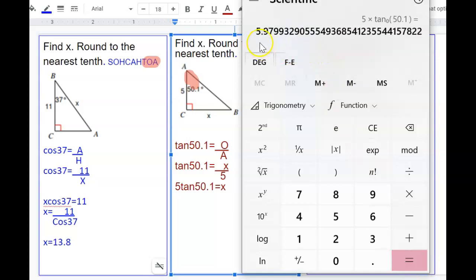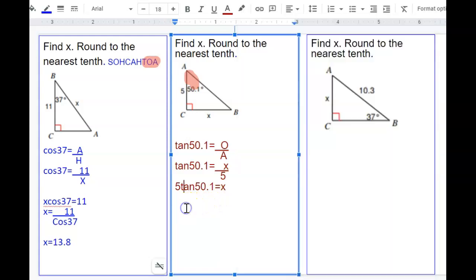And that gives us 5.979, right? So if we want to round our answer to the nearest tenth, the 9 is what is in the tenth position. So when you round up, you add 1 to 9, it will become 10, and so that will be 6.0. So I have 6.0 equals x. We can flip that around and have x equals 6.0.